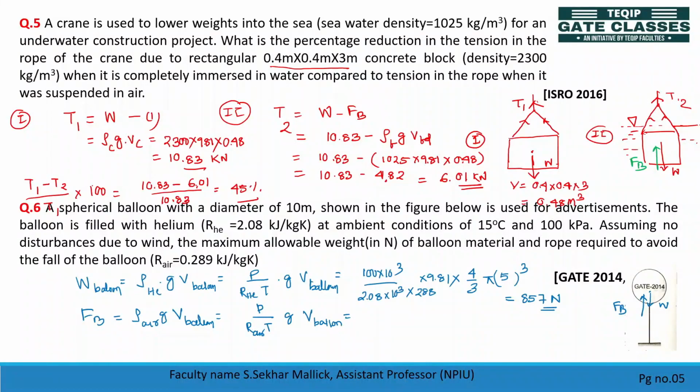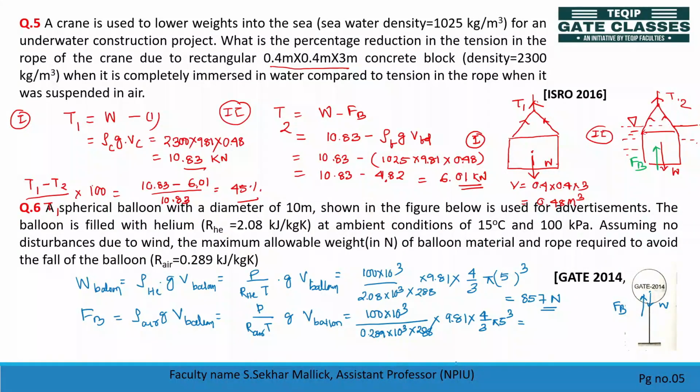Ideal gas equation. Pressure equal to 100 into 10 to the power 3 divided by R of air, which is 0.289 kilojoule, so 0.289 into 10 to the power 3, into 288, into 9.81, into volume of balloon, 4 by 3 pi 5 cube. How much? This answer please.